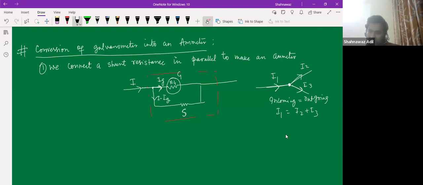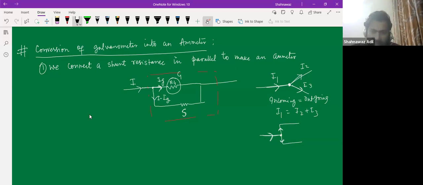I can draw this diagram in this way as well. At this point, this one is incoming. These two are out. Same thing. Okay, clear? Yes, sir.